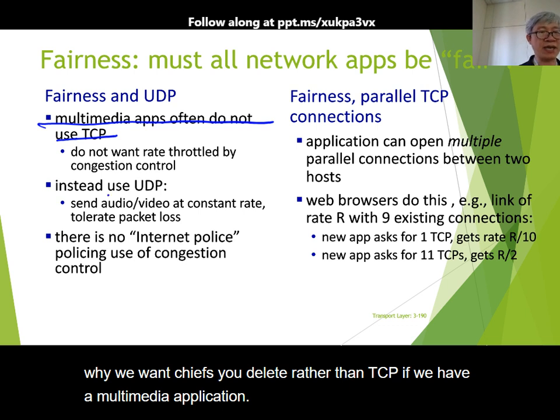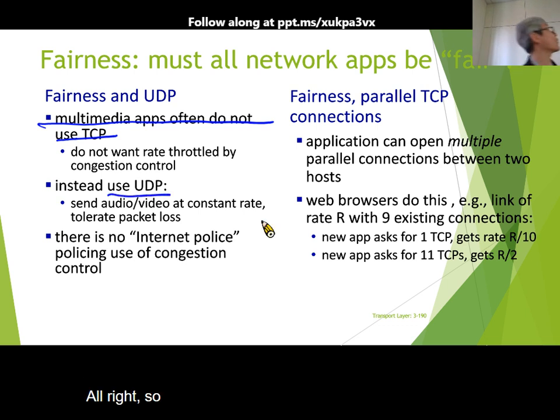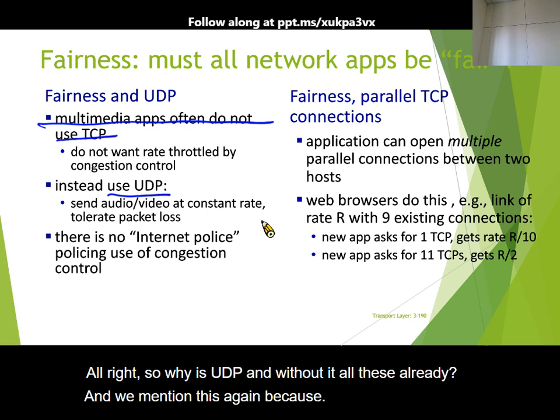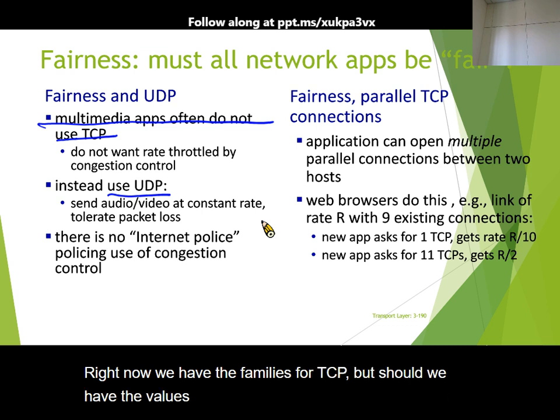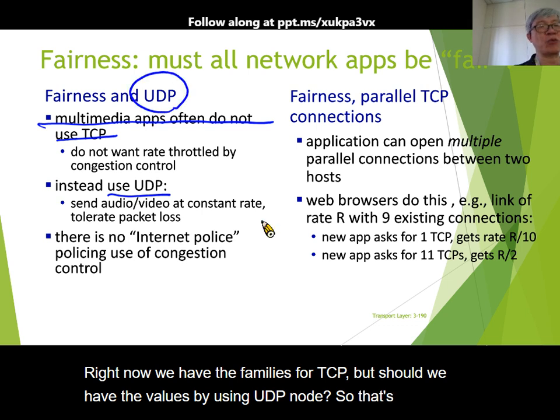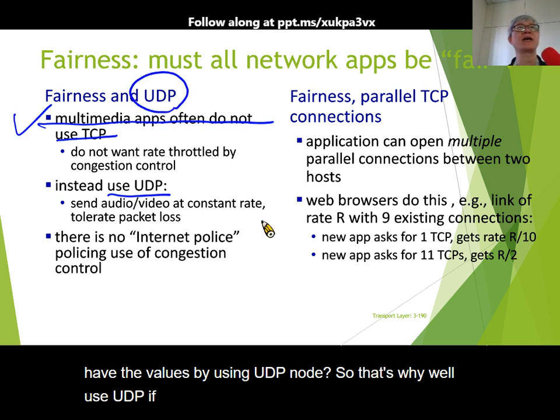And why do we mention this again? Because right now we have fairness for TCP, but should we have fairness when using UDP? No. So that's why we will use UDP for multimedia applications.